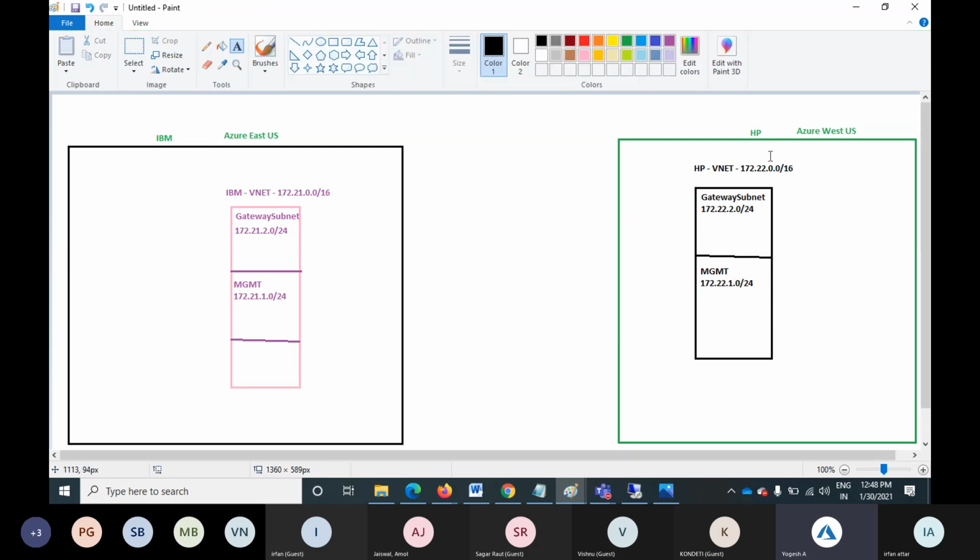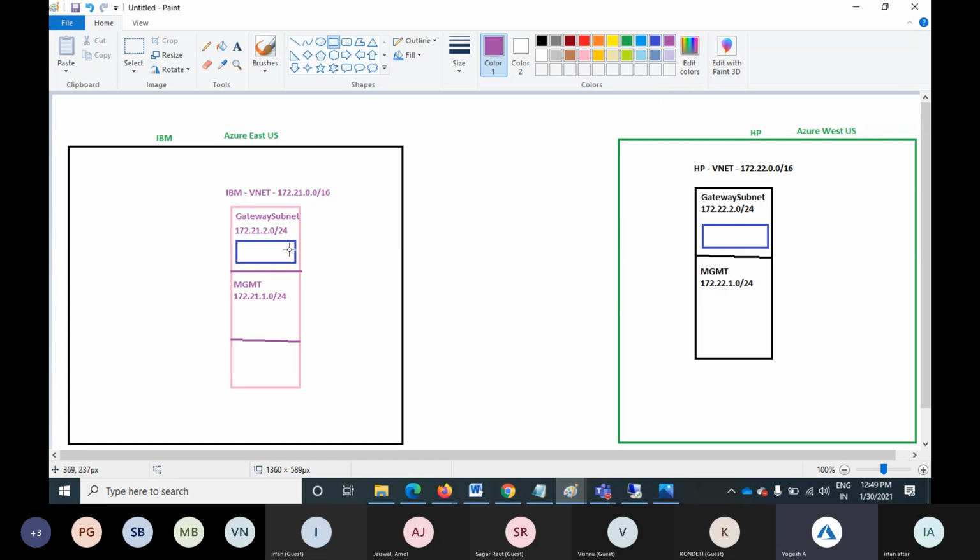Now this is the network we have designed at both sides, and now we are going to deploy a VPN gateway at both sides. As we discussed in the last diagram, when we deploy the VPN gateway, Microsoft deploys it with two interfaces every time.